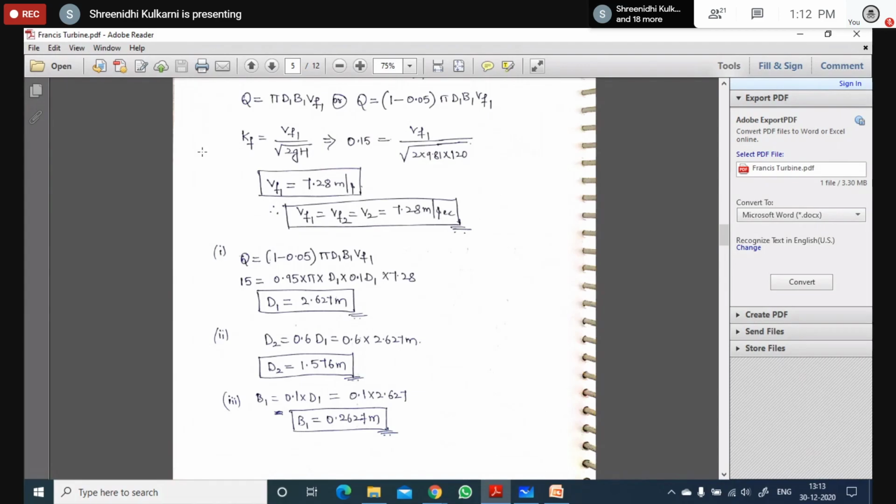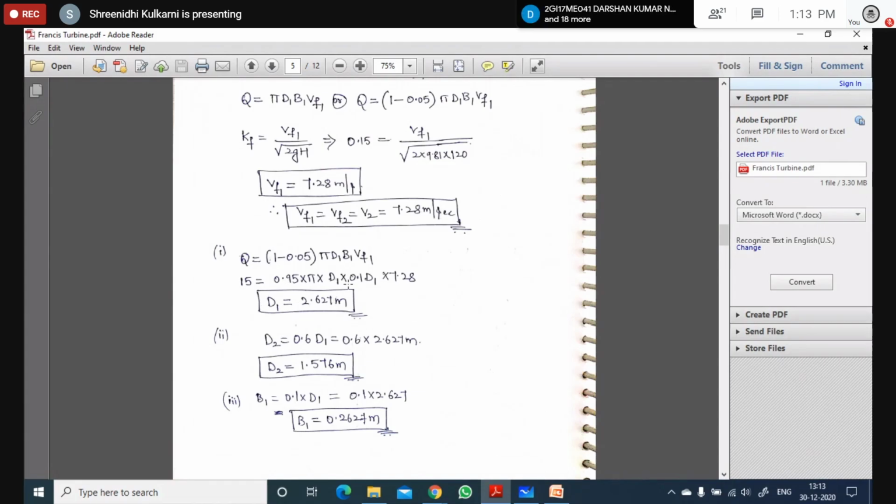Finished? Yes, sir. You got D1 is 2.6. Okay. So next, from the data, D2 is equals to 0.6 times D1. Substitute there, and we'll get D2 is 1.576.